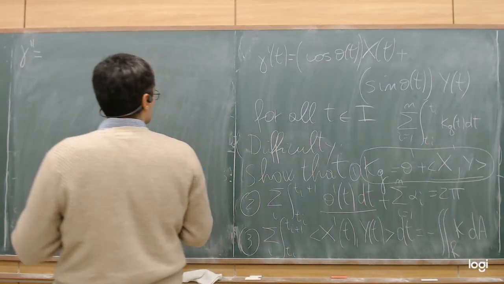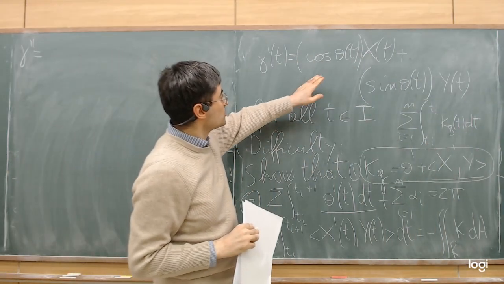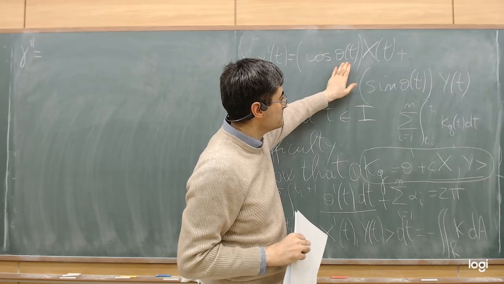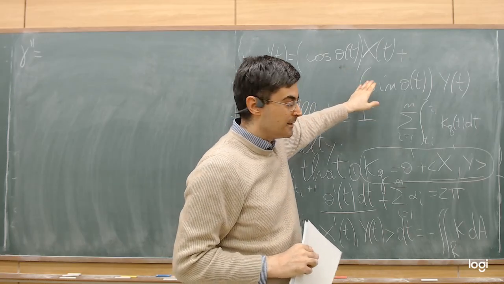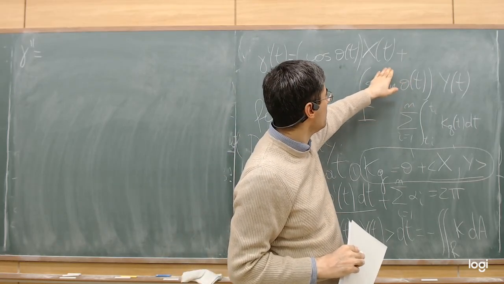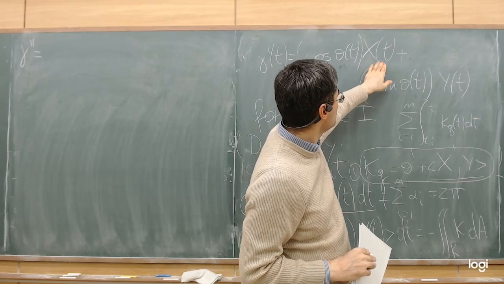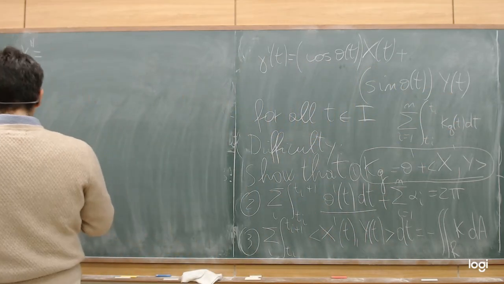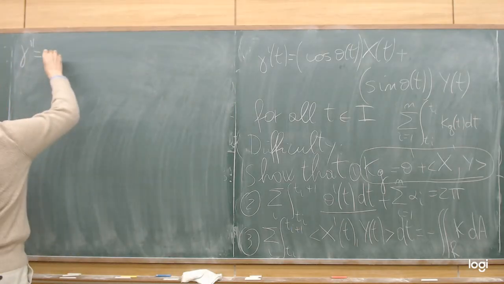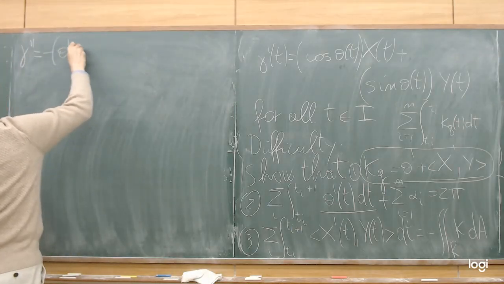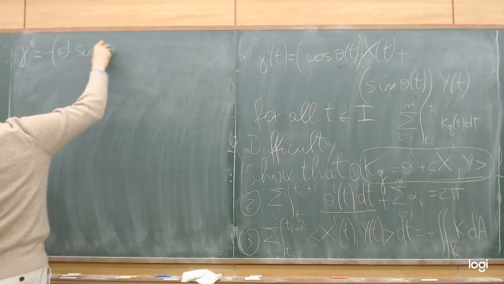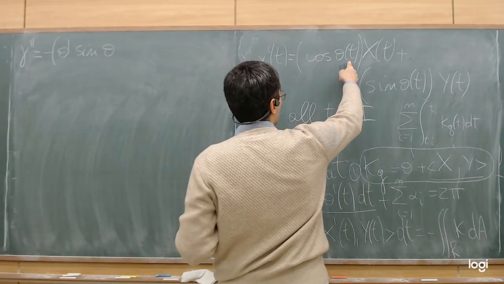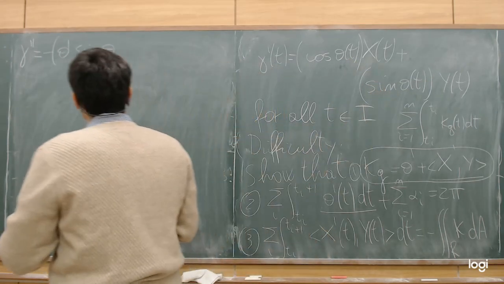The first 2 terms involve the derivatives of theta, that is theta prime, and the last 2 terms involve the derivatives of x and y. Precisely, you find minus theta prime sinus of theta. Here I am dropping the dependence on t, so I don't write t in the next formula.